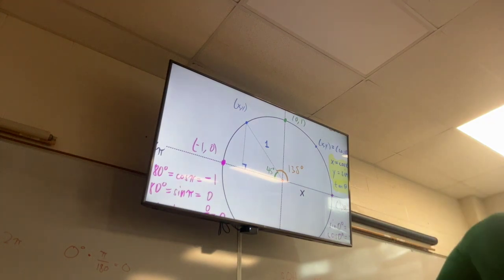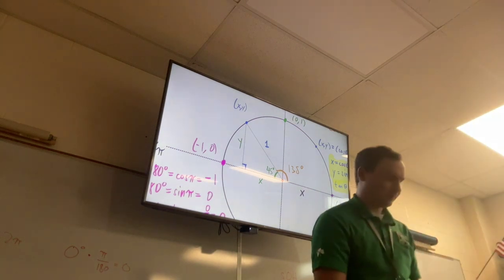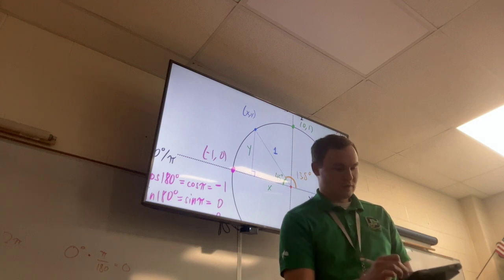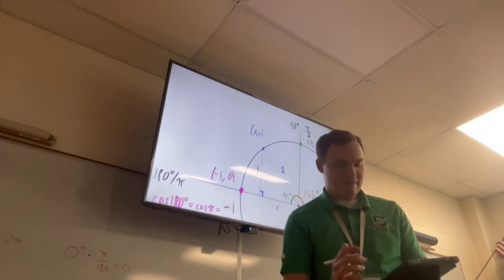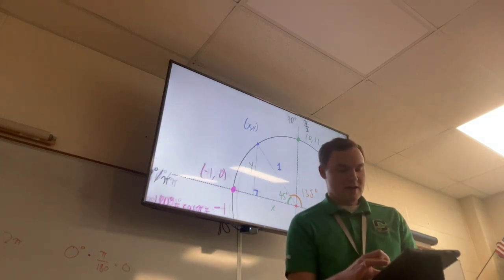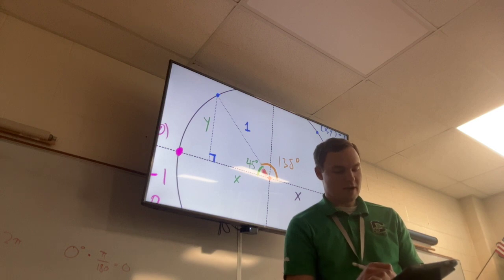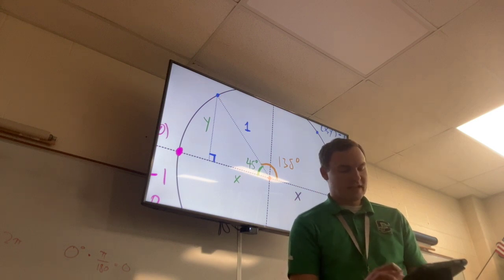So here's x on the bottom, y on the side. Let's figure out then the sine of this 135-degree angle. If I drew my ray right here, what's that sine going to be?